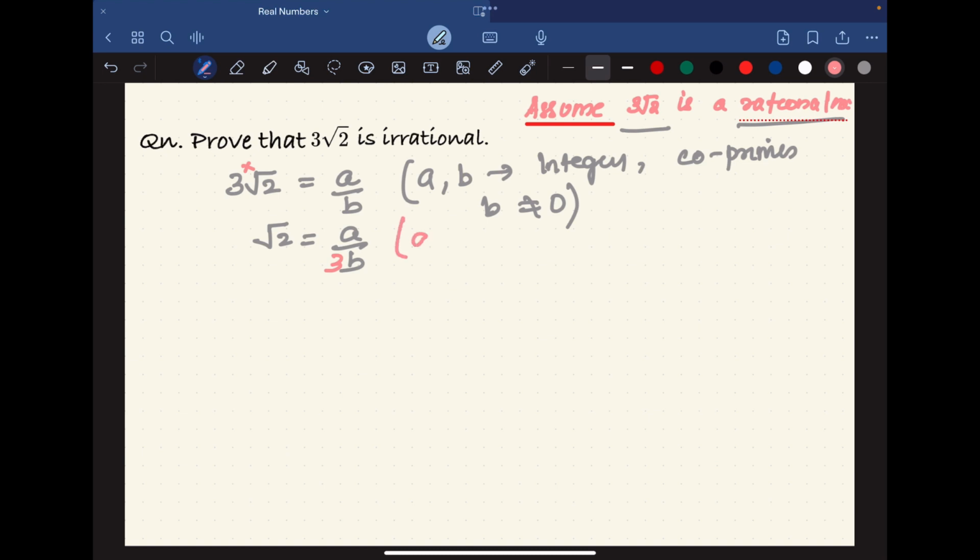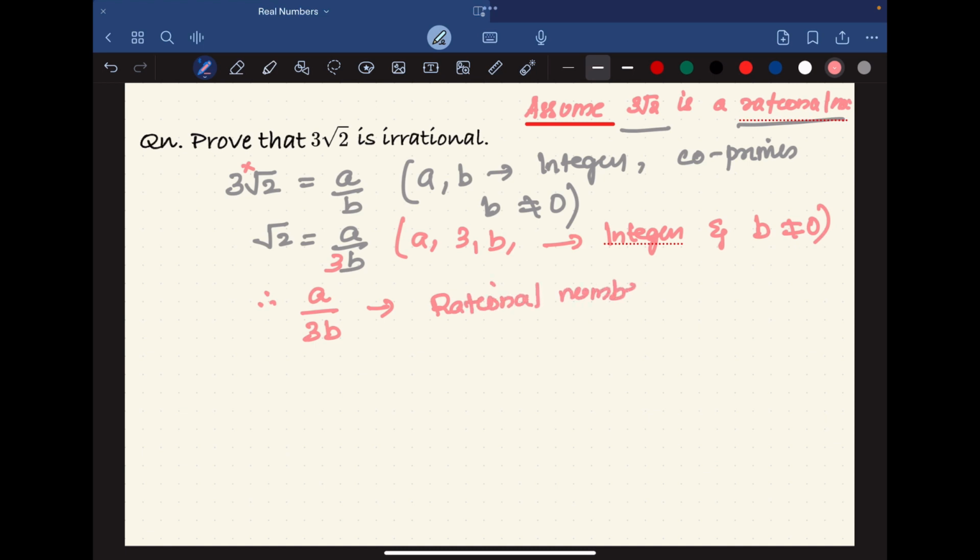Here a, 3, b are all integers, and b is not equal to 0. So can we conclude that the right hand side a by 3b is a rational number? If a by 3b is a rational number, can we say root 2 is a rational number? Therefore, we conclude that root 2 is a rational number.